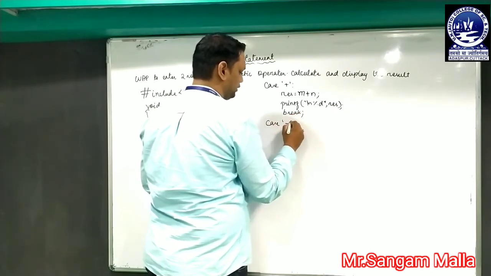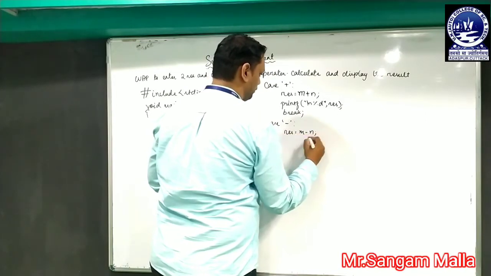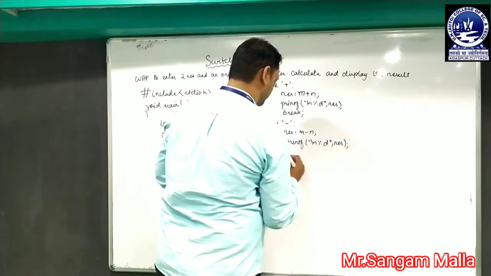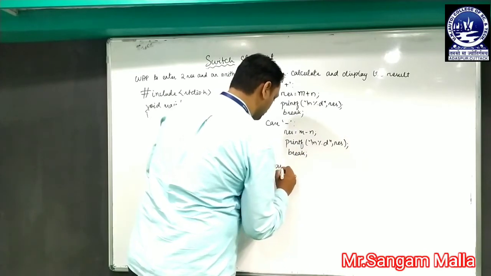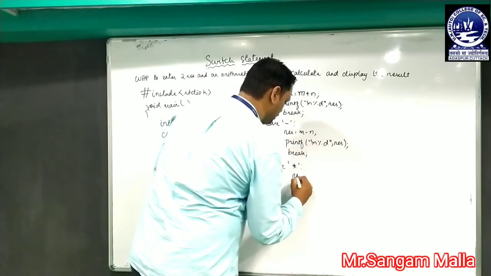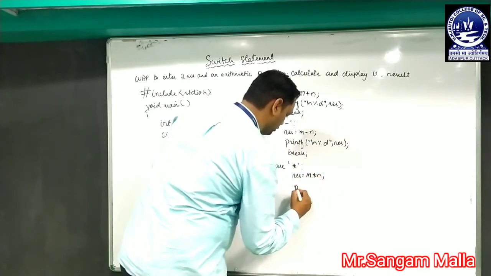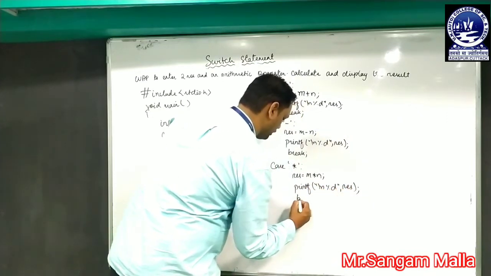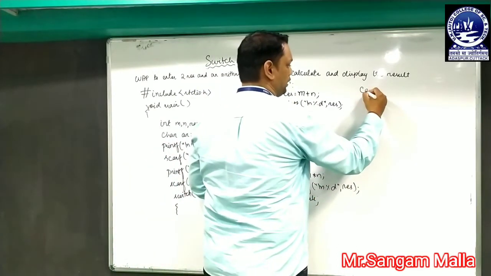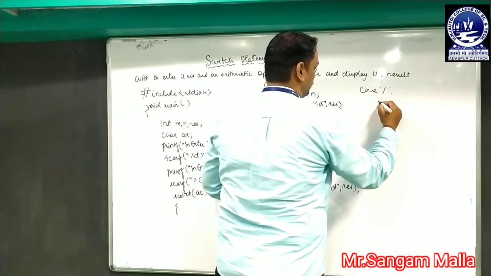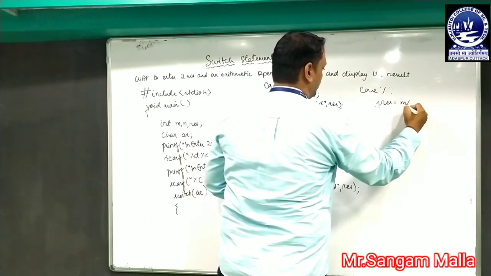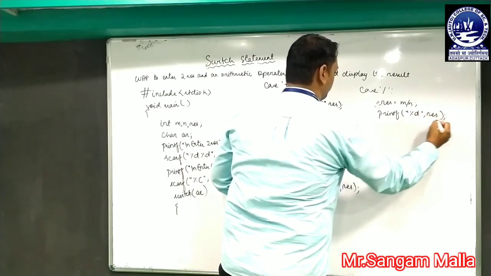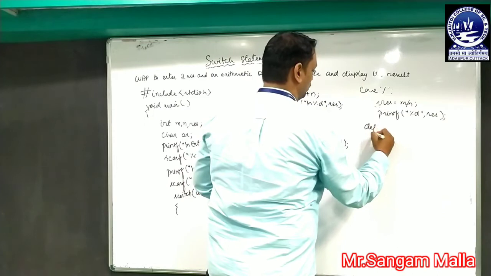Similarly case we will give minus symbol, then result equal to m minus n, then printf("\n%d", res), then again break, then case multiplication where result equal to m into n, then printf("\n%d", res), then again break, then let us say we will take case division, result equal to m divided by n, printf("%d", result).